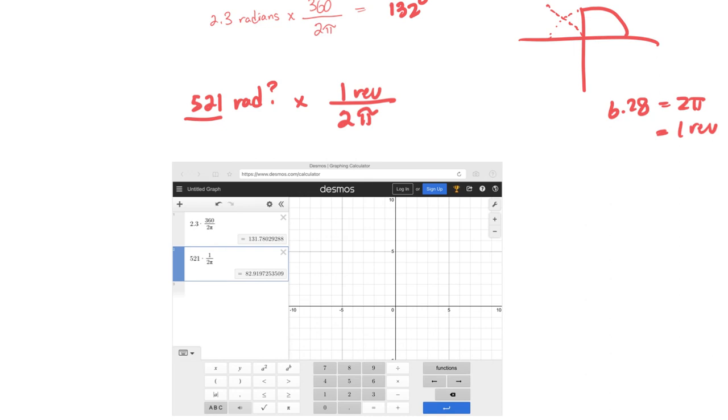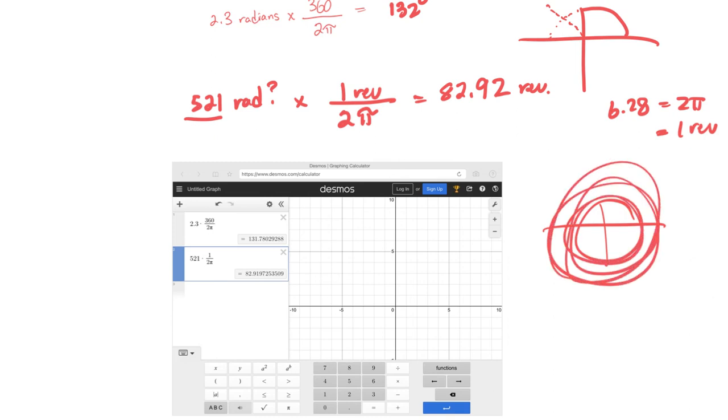There we go. So that tells me that 521 radians is the same as 82.92 revolutions. So it'd be 82 times going around, and then 0.9 of another revolution.